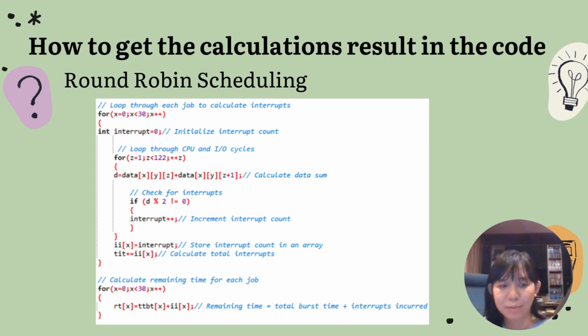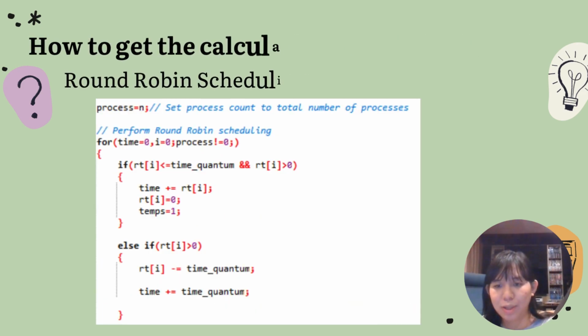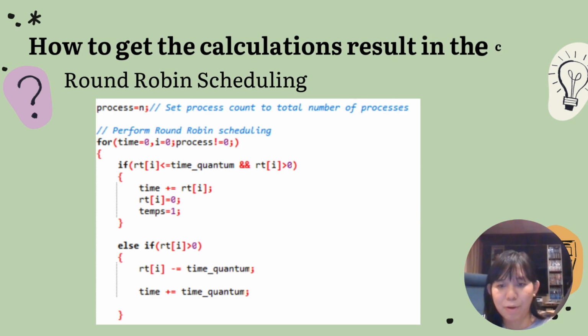After that, we store the interrupts count in an array. Then we calculate remaining time for each job. Remaining time equals total burst time plus interrupts incurred. Then we set process count to the total number of processes and we perform round-robin scheduling.